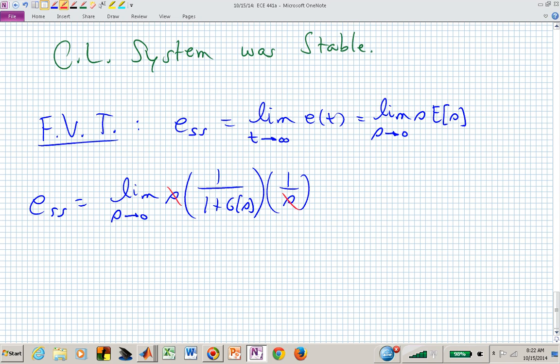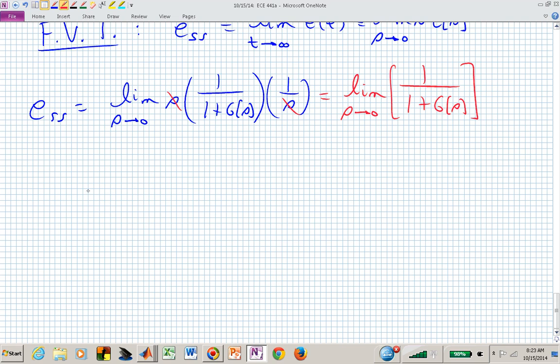And now we can look at the limit as s goes to 0 of 1 over 1 plus g of s. If we let s go to 0, what's happening to g?